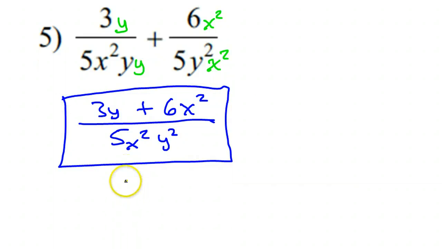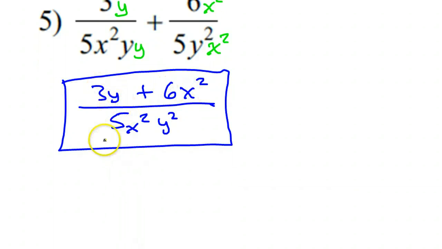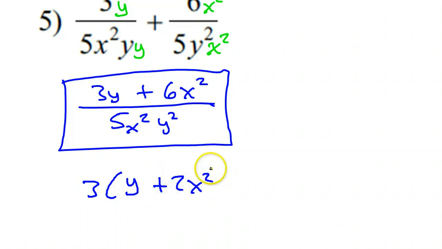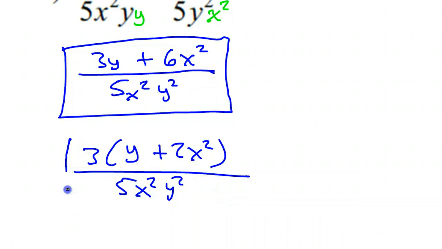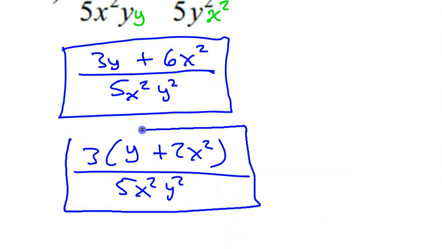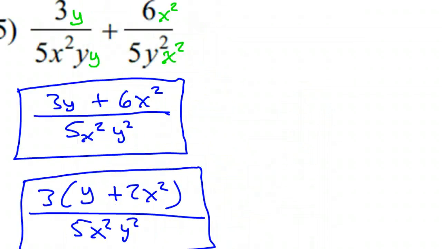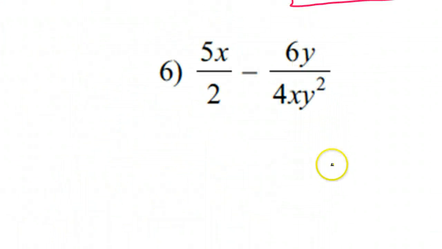If you looked at it as a GCF, you might have pulled out the 3 and had 3 times 3y plus 2x squared over 5x squared y squared. But then there's nothing you can do with the 3. It doesn't cancel anyway, so you might as well have left it as the previous step. If you did pull out the 3, I would accept that as an answer as well. I don't think there's anything wrong with that.